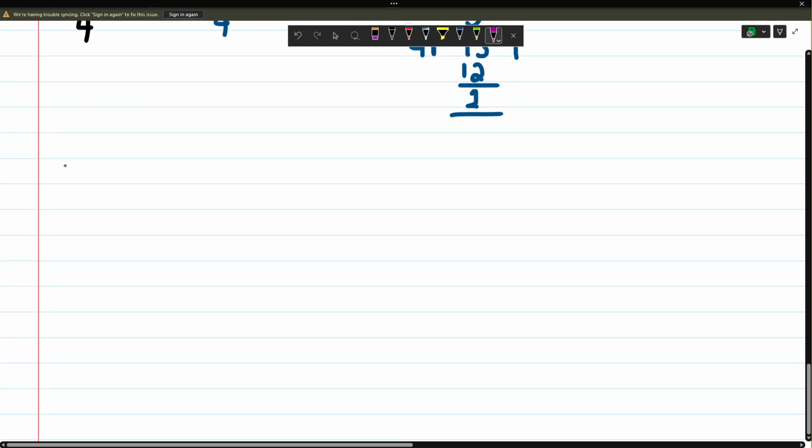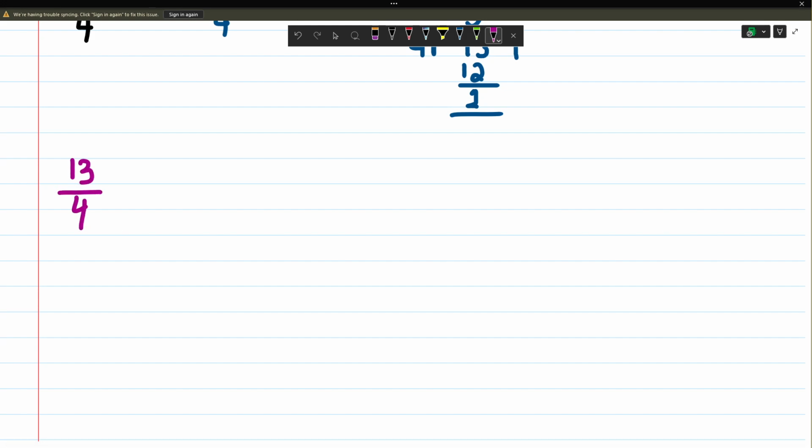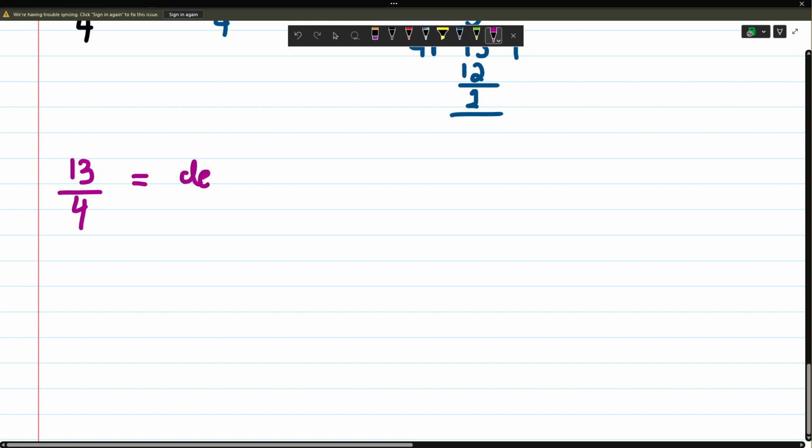Now let's come to decimal points. We have 13 upon 4 and I want you to write this in decimal. So 13 divided by 4, I want you to write in decimals. How are you going to write this?